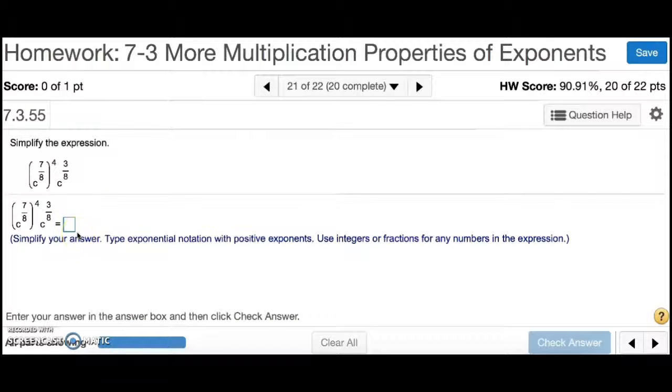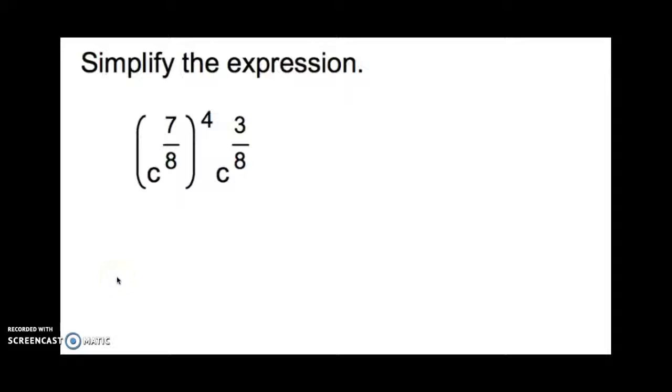Okay, let's take a look at 21. So we have an expression that needs to be simplified, so let's take a closer look at it. Whenever I'm given something like this, I always want to take care of the exponent on the outside here. So I'm going to have c to the 7/8 being raised to the 4 power. When I raise this to the 4 power, I multiply these.